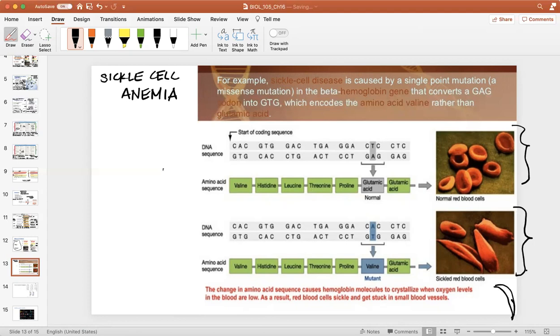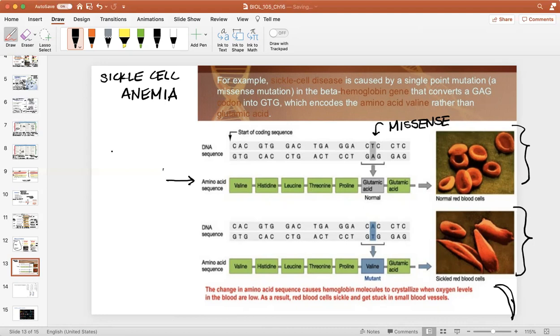Now, what causes sickle cell anemia is a single point mutation, and this is a missense mutation situation where we've accidentally substituted one base for another base. So this is the original sequence that would result in a normally shaped blood cell.